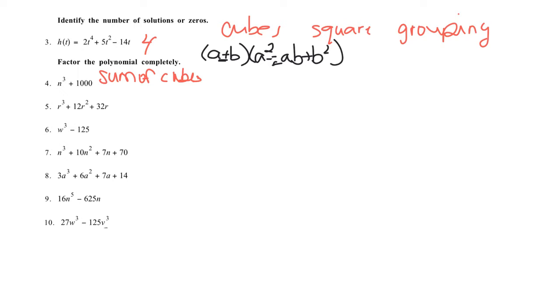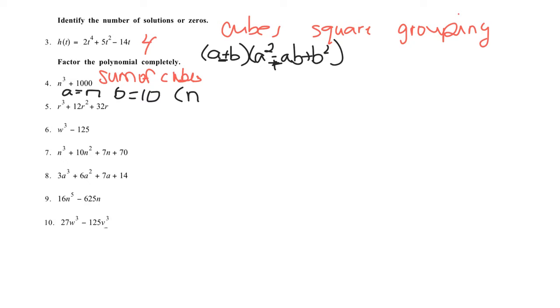ab plus b squared. So a in this case is what cubed is n cubed, and that's just n. And b is what cubed is 1,000, that's 10.